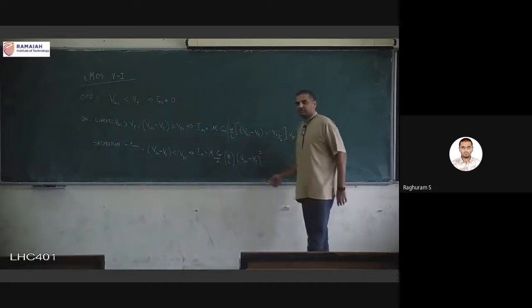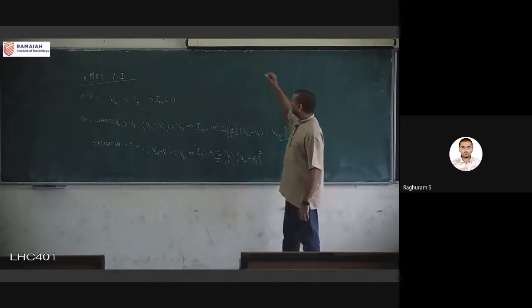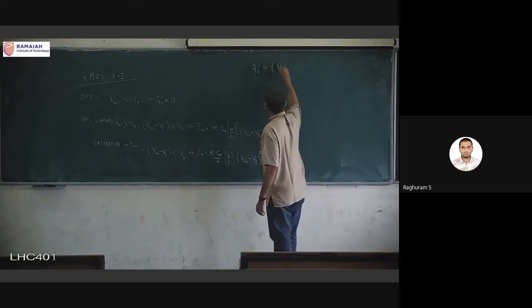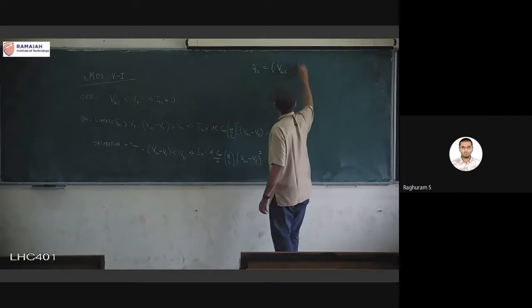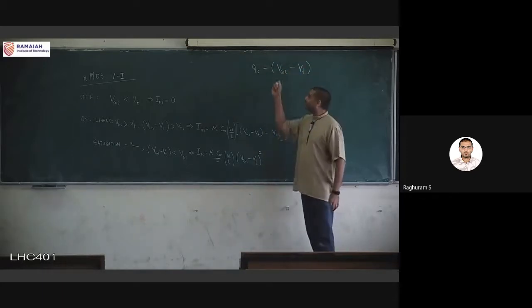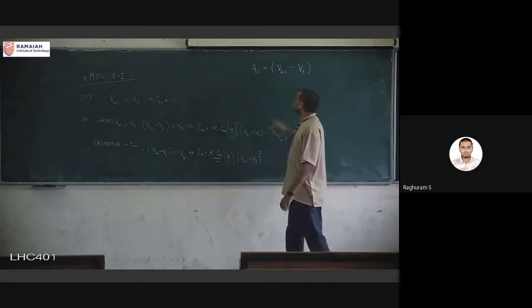We derived this equation. Just one thing, in the beginning of the equation, we had to start with Q equal to C ox into (VGS minus VT). I started with just VGS, which was incorrect.